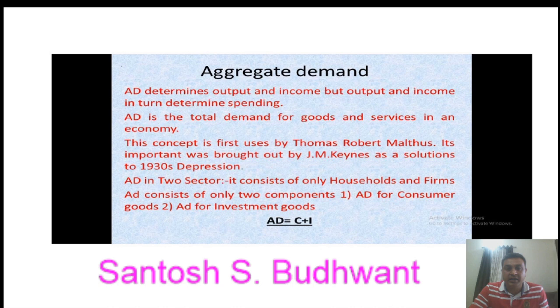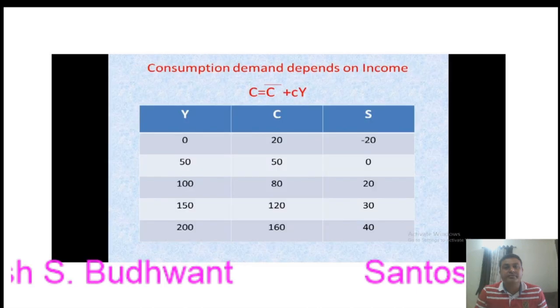There is one law related to aggregate demand. Consumption demand depends on income. There is one psychological law explained by Lord Keynes. It is shown by one formula: C is equal to C bar plus small c times y.